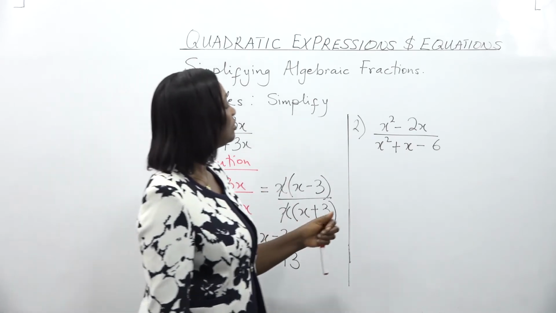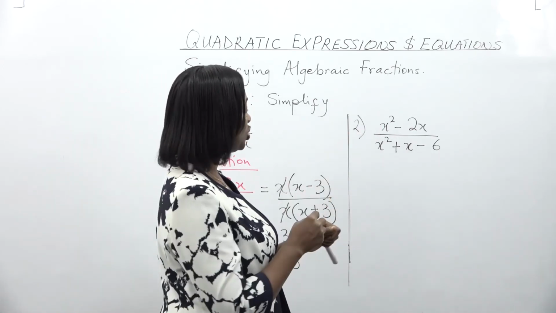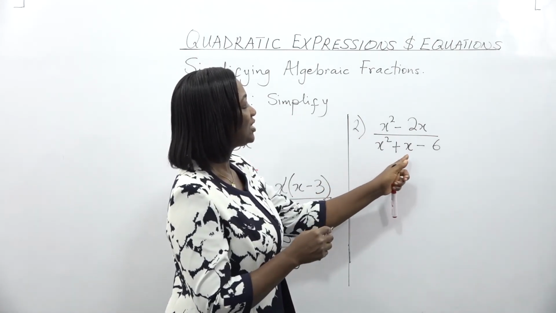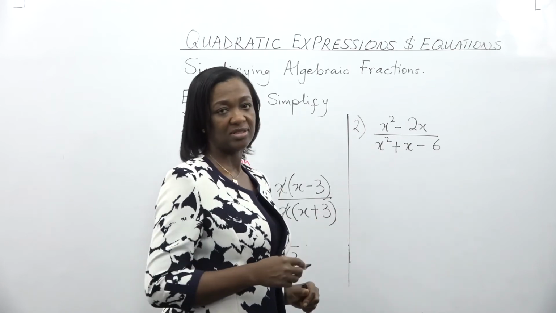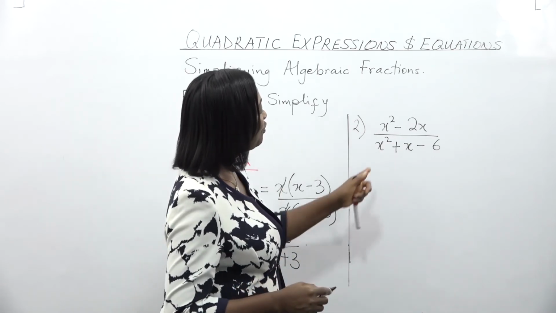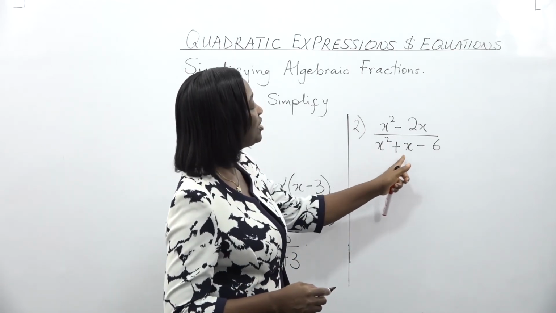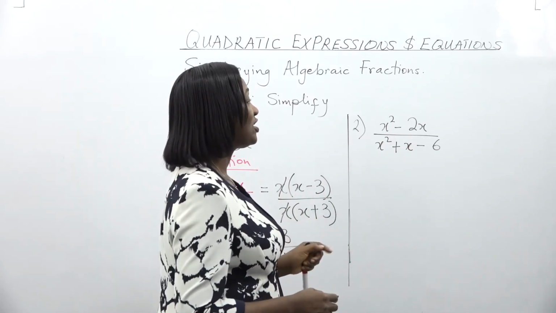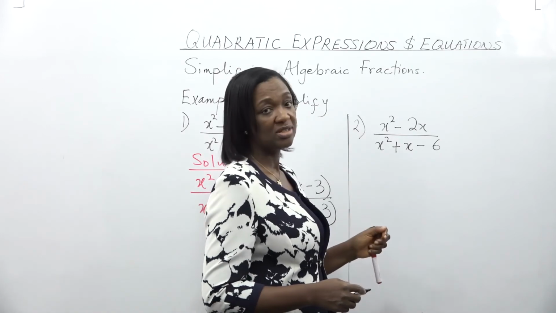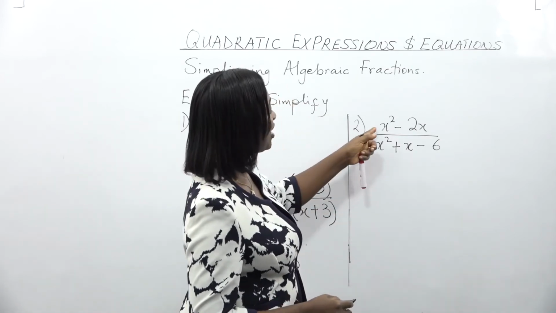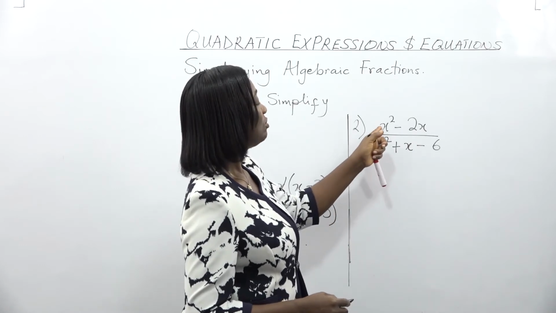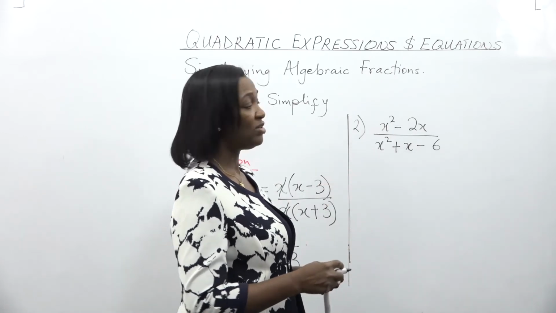In example 2, simplify x squared minus 2x over x squared plus x minus 6. We need to factorize x squared plus x minus 6 the way we have learned how to factorize quadratic expressions, and then also factorize x squared minus 2x by taking x out because it's common to x squared and minus 2x.